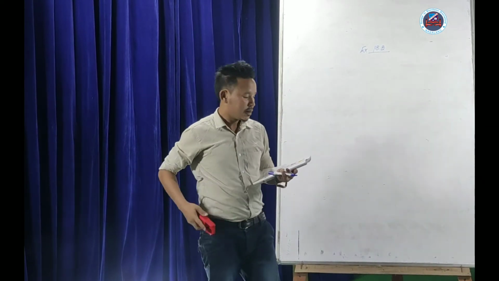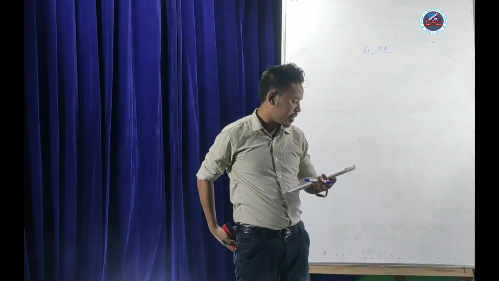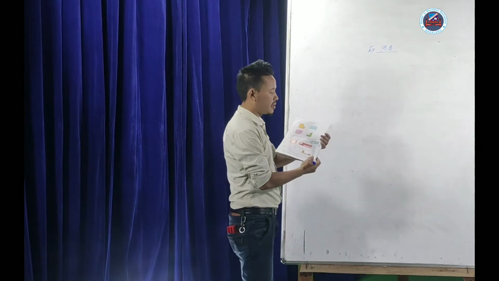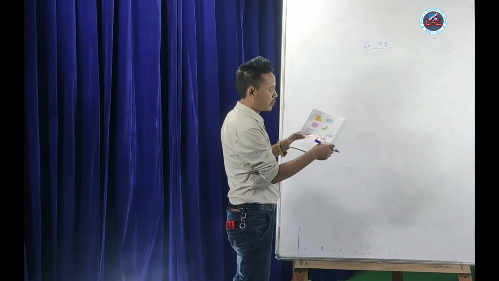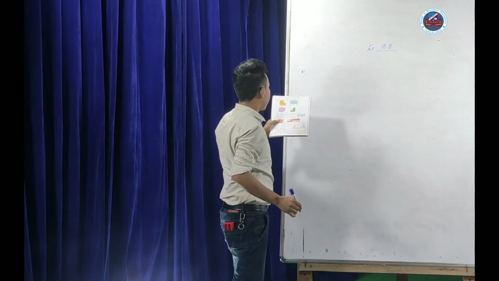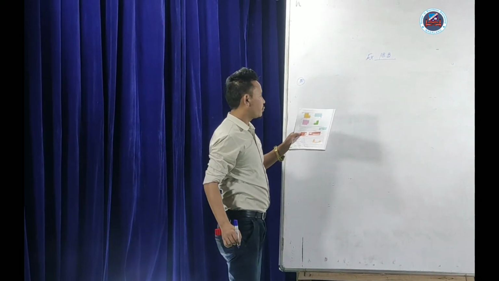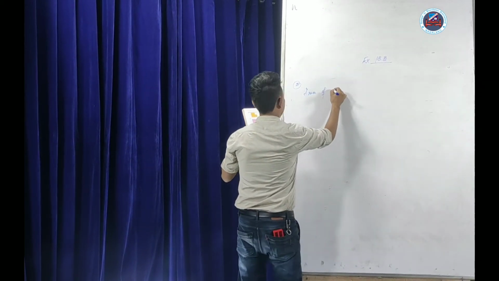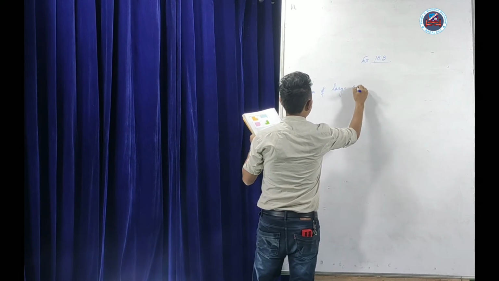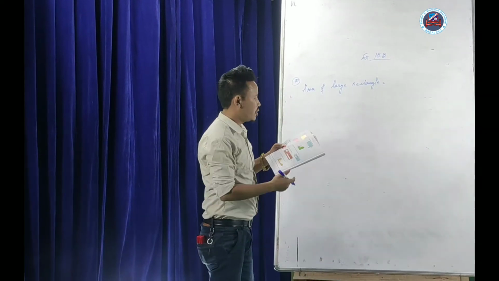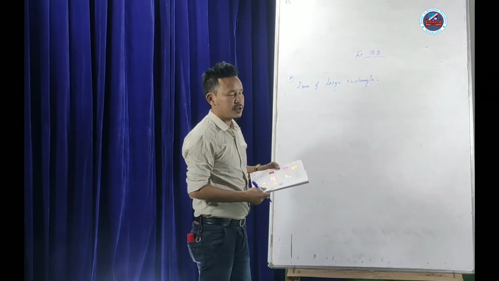Question number 3 says, copy and complete the workings to find the area of the blue section in this diagram. Area of the large rectangle. If you look at the figure in the textbook, you can see the figure is given there, right? So, area of the large rectangle. In the previous question, we could call it the large and small rectangle as well.